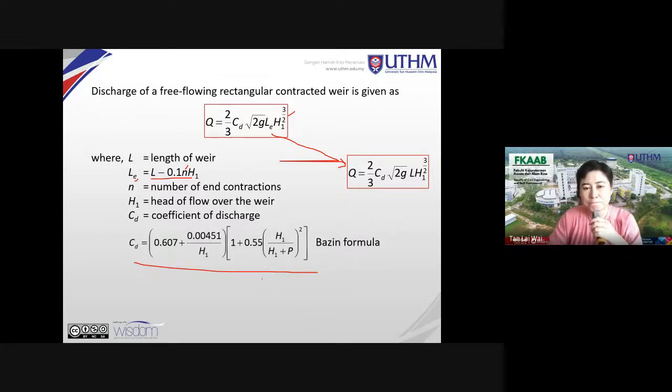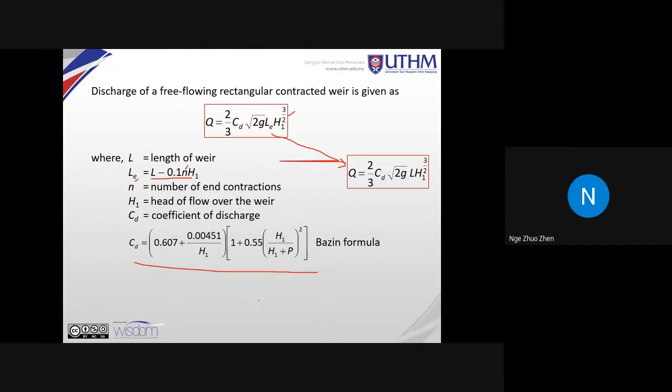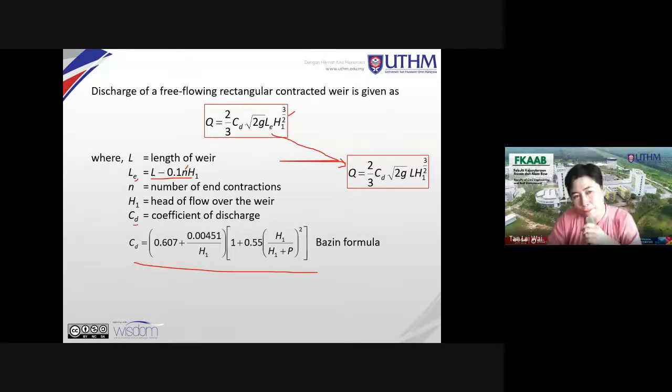Doctor, I want to ask about this one, can we use the CD from the previous one or not? It actually depends on the question. If the question gives you a CD, then you use that CD.